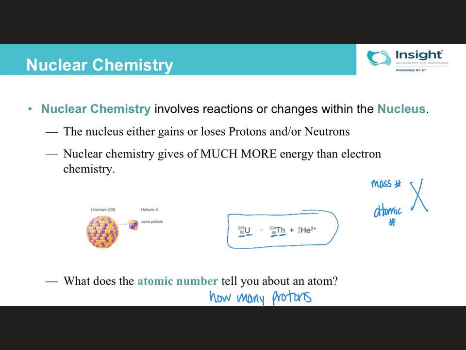The mass number, as a quick review, is your protons plus neutrons. So you can use that mass number to know if anything is changing in terms of the neutrons.